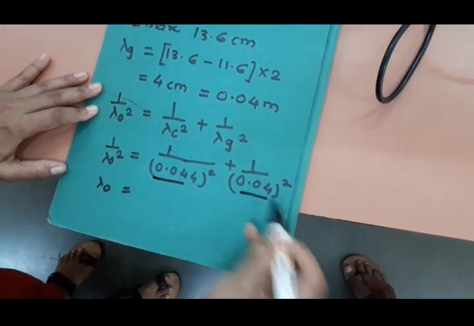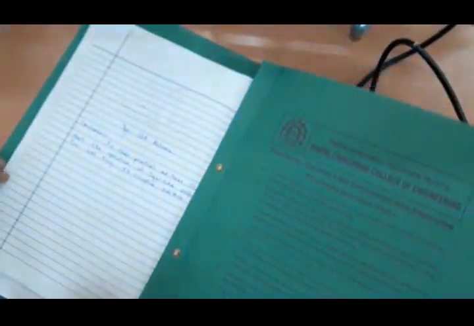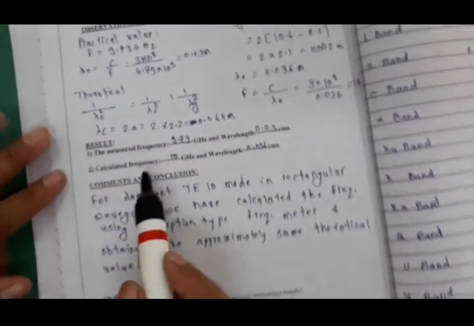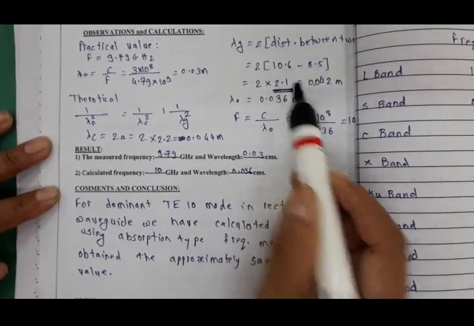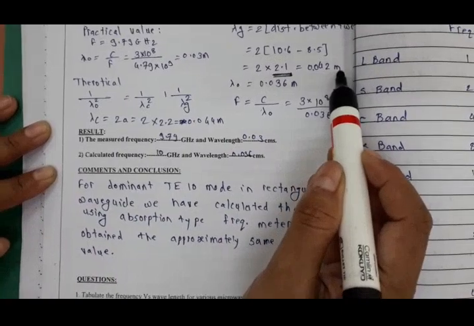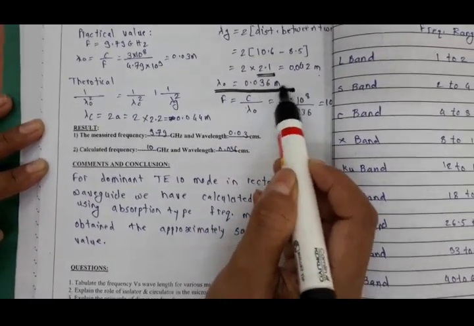This calculation I need time to do. So here you can see the calculations will be like this. Here they have observed it as 2.1, we have observed it as 2 only. So 0.042 meters. So lambda 0 they have calculated is 0.036 meters.